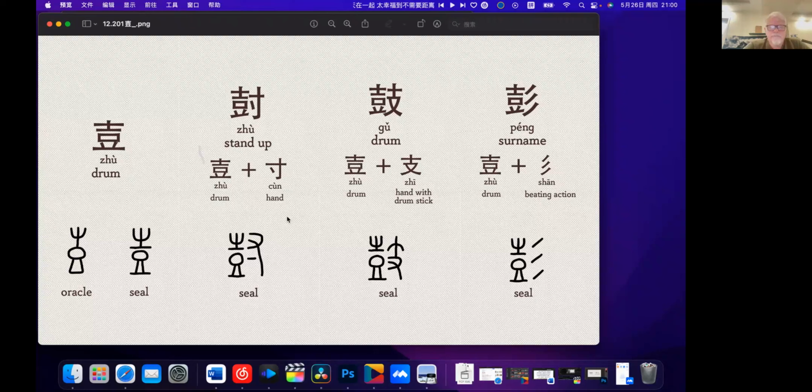And if you see chun, it doesn't always mean inch. It just means that there's a hand hitting a drum. It's one way to write a hand hitting a drum. Anyway, it's probably hitting a drum on the side, and it means to stand up. But we'll see that it's a component in a couple of other important characters.